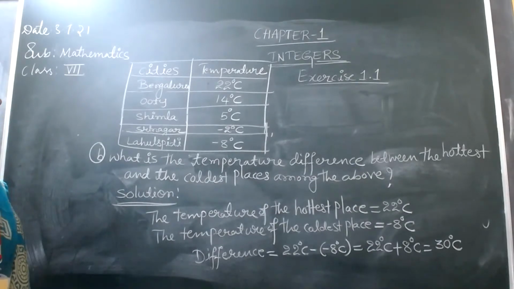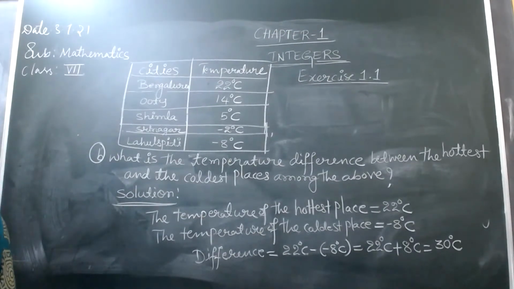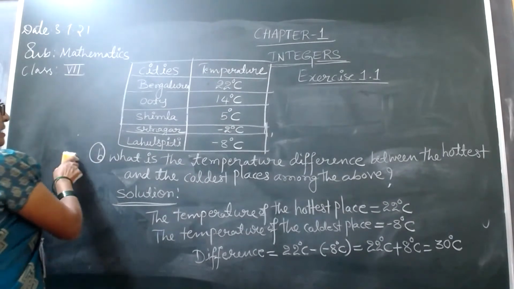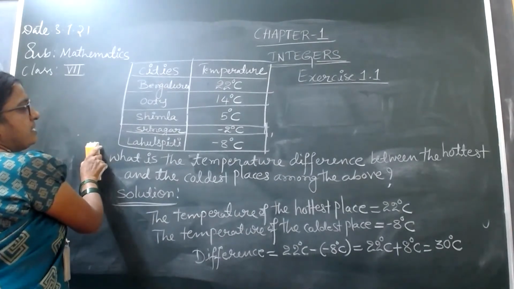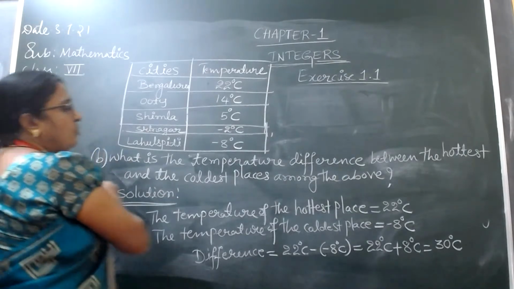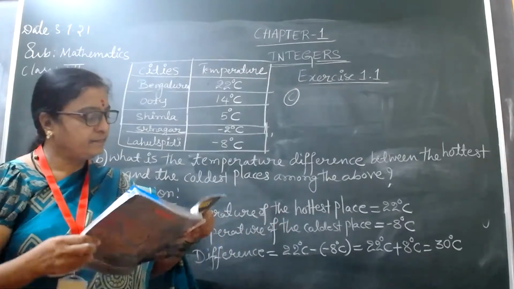Okay. Now question C. Copy down the solution for question B: the difference is 30 degrees Celsius. Now, what is question C?